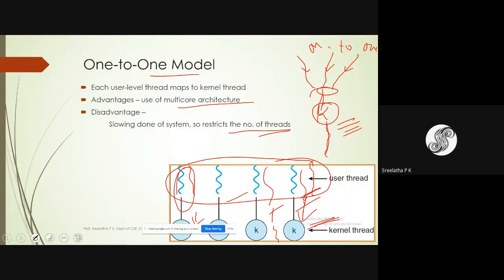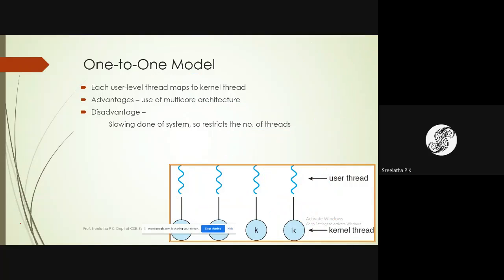So much space is occupied, and these threads have to be managed also, so it is an overhead, an issue which has to be handled. It is used in Windows NT, Linux, Solaris 9, and later systems.